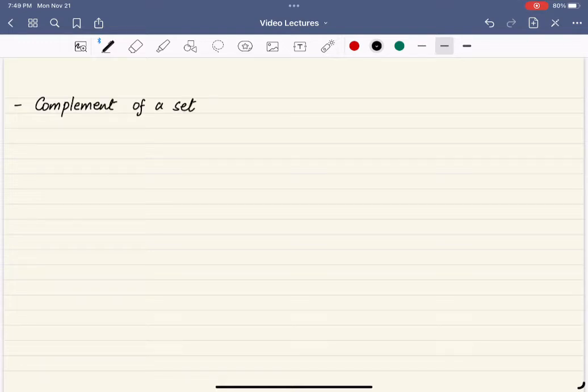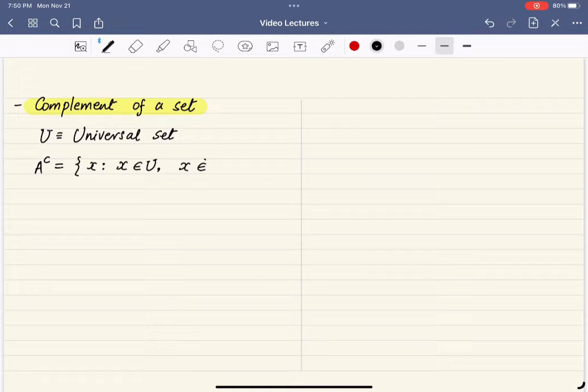Now, when we talk about complement of a set, there is something called the universal set, which is a bigger set that contains all the sets under consideration. With universal set U, the complement of any set A is given as follows. It is all those elements in the universal set that do not belong to A. That's it.